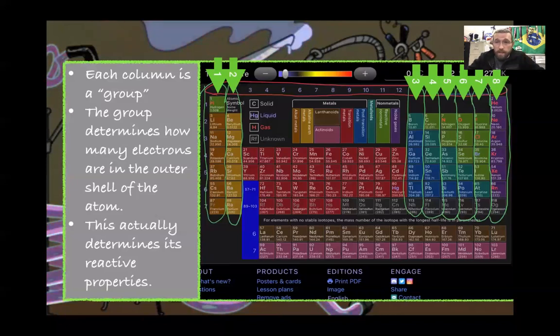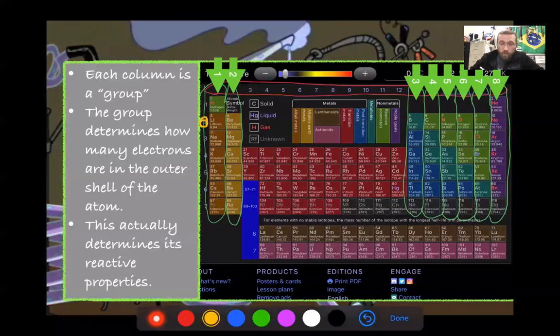And if you look at lithium, lithium has two rows or two electron shells, but that outer electron shell only has one electron. And sodium has three electron shells, and the first two are completely full of electrons, but the outer shell still only has one electron.